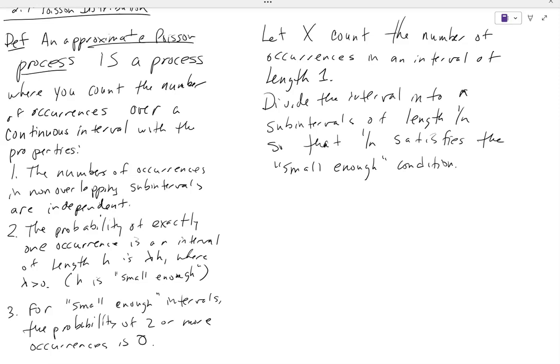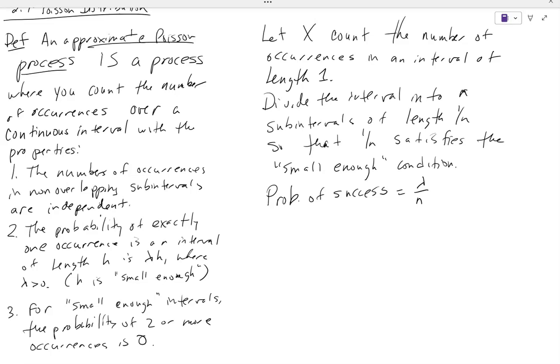Okay. Now again, from our conditions, we know that the probability of success, where success is one occurrence, something happened, the probability of a success here is lambda over n, right? Remember one of the properties was lambda times the length of the interval. So the probability of success here is lambda times 1 over n.